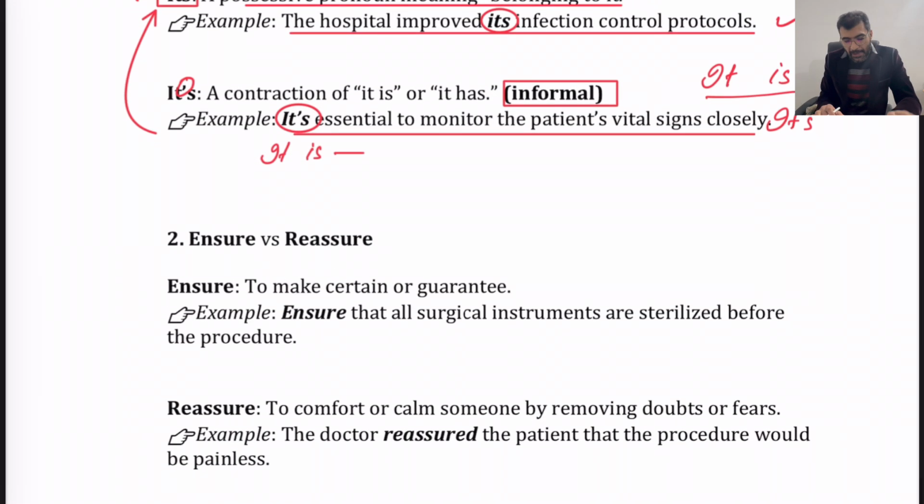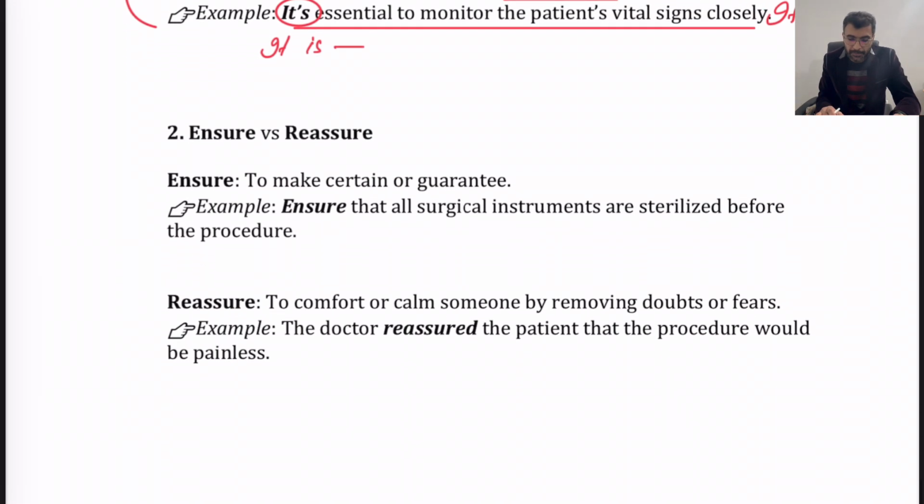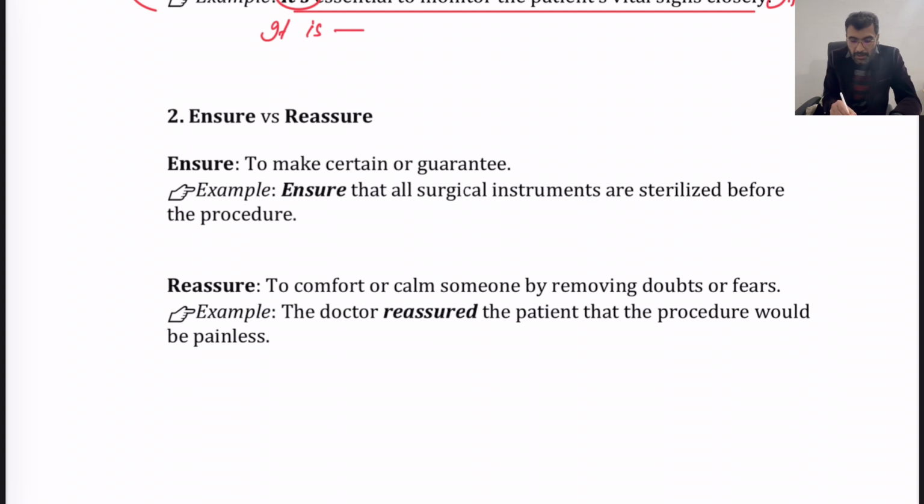Then ensure versus reassure. Ensure is to make certain or guarantee, and reassure is to comfort or calm someone, normally a patient. You will see in OET speaking this one: reassure the patient. It means calm the patient, comfort the patient.